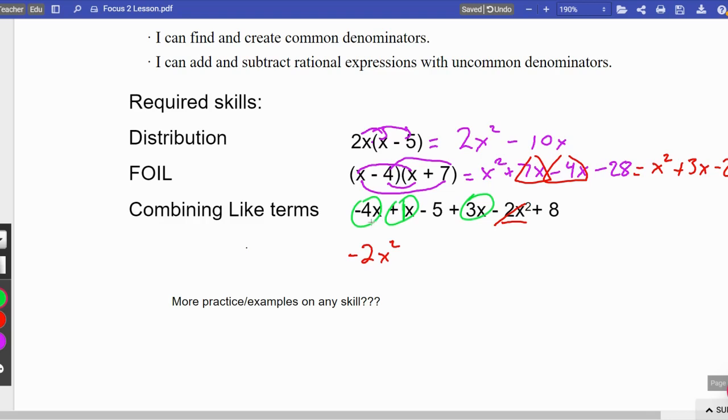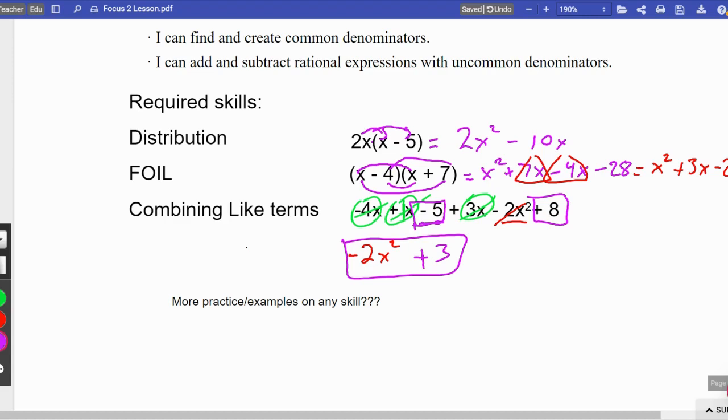They eliminate each other. And then the last would be just the numbers that don't have an x, so we can add those together, and you just get plus 3. So adding like terms from all of this gives you this. All right, that's just some preliminary things we need to be able to do.